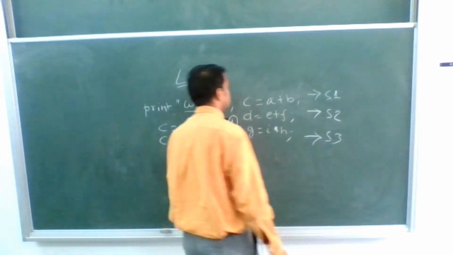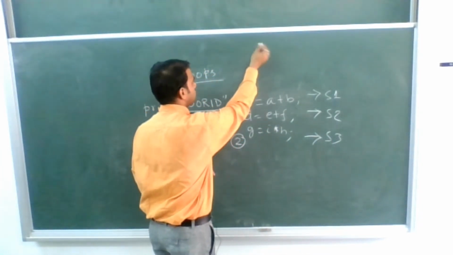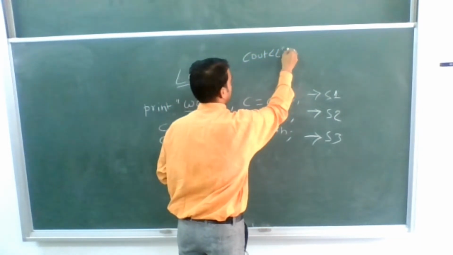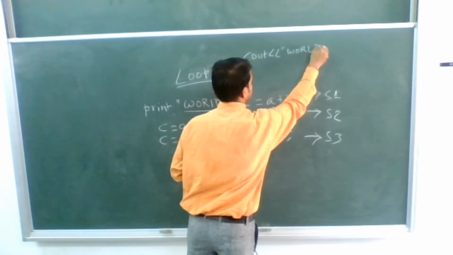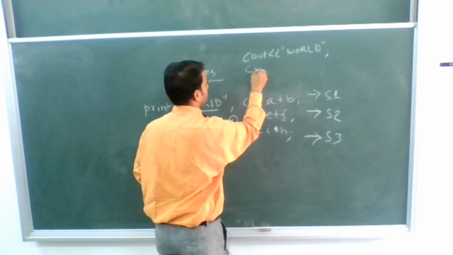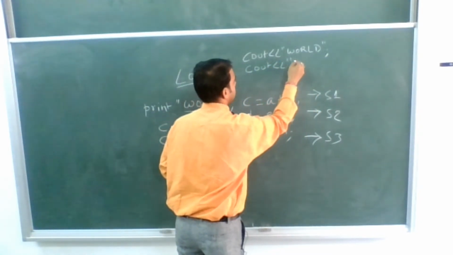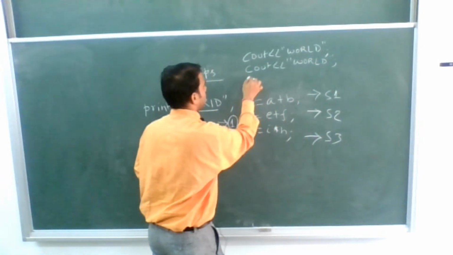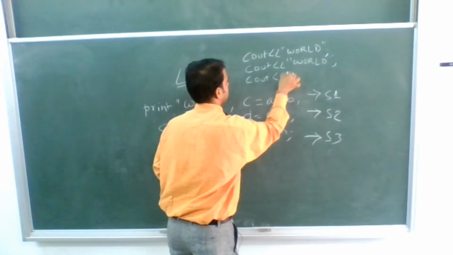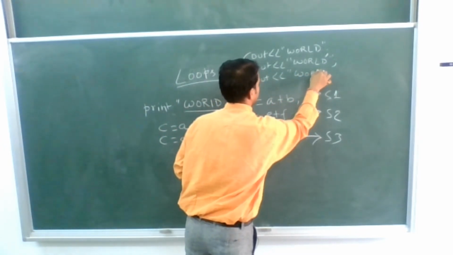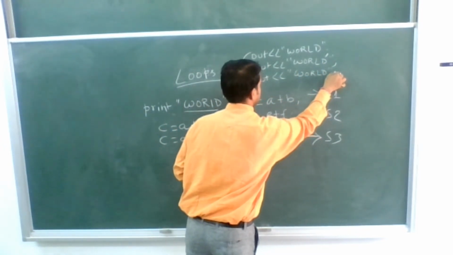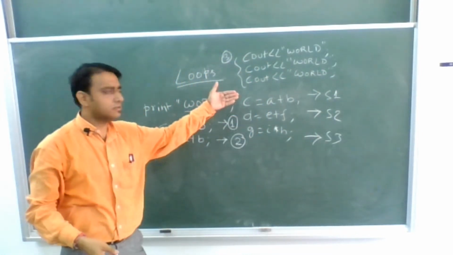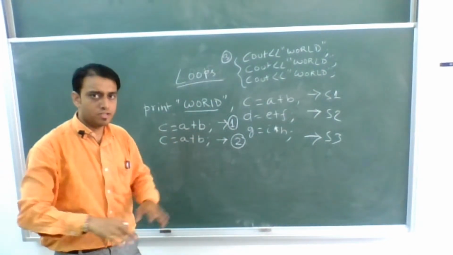The simplest way is to write this statement in C++, that is cout world for one time, followed by cout world another time, followed by cout world for the third time. After writing the same statement three times, my compiler will execute the same statement three times. This is the simplest way.